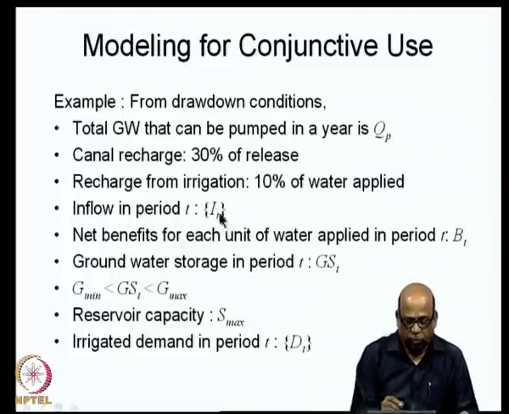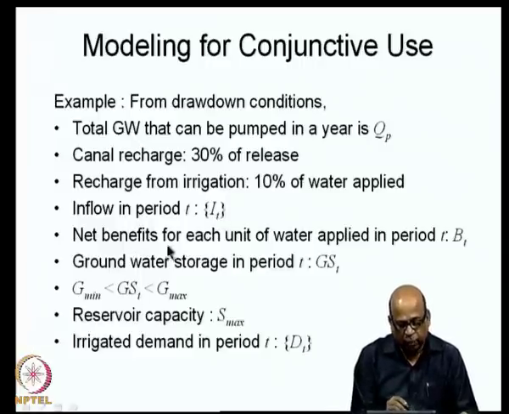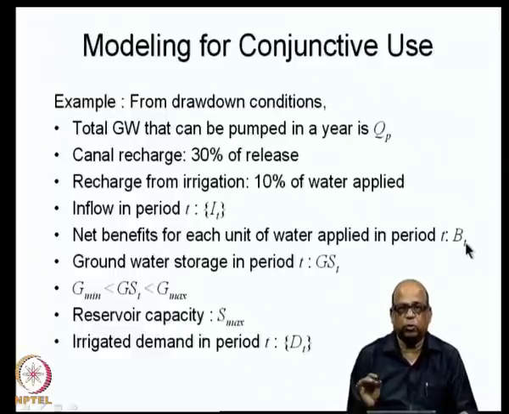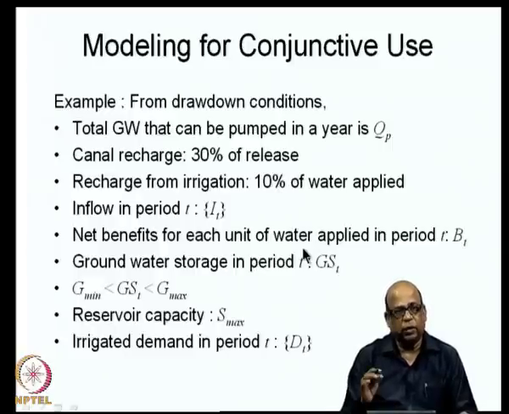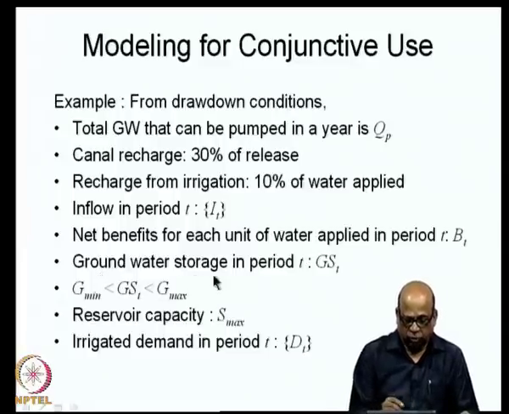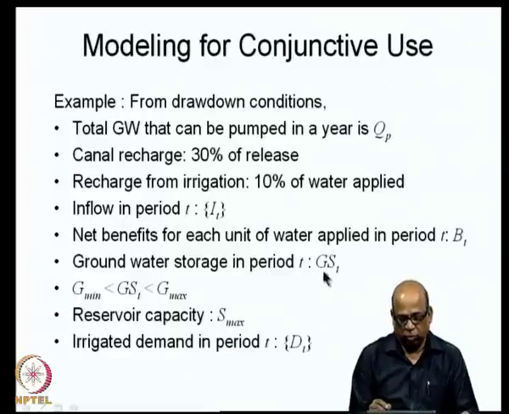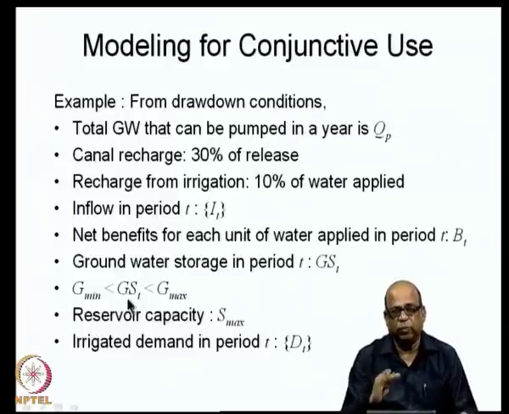Then we have the inflow at the reservoir as I_t, and we will say that net benefits for each unit of water applied in period t is B_t. We will assume that monetary returns are known per unit of water applied in every time period. We will denote the groundwater storage in period t by GS_t, and we will specify that the GS_t should be within certain limits, minimum to maximum.